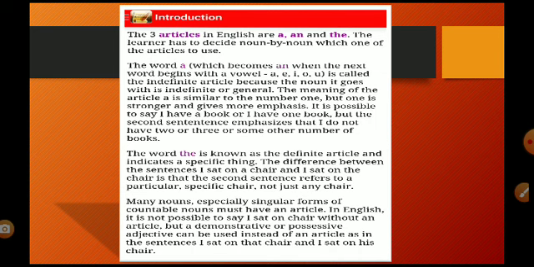So many nouns, especially singular forms of countable nouns, must have an article. In English, it is not possible to say I sat on chair without an article, but a demonstrative or possessive adjective can be used instead of an article, as in the sentences I sat on that chair and I sat on his chair.